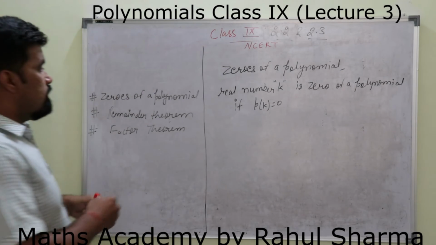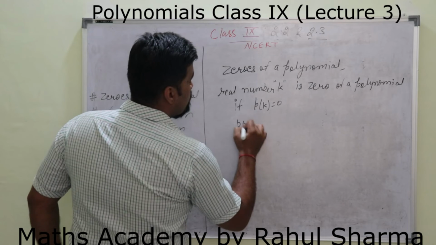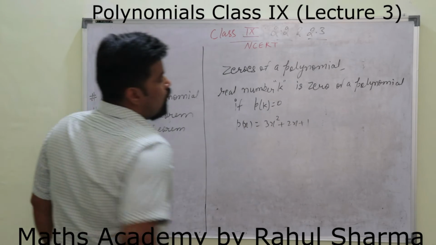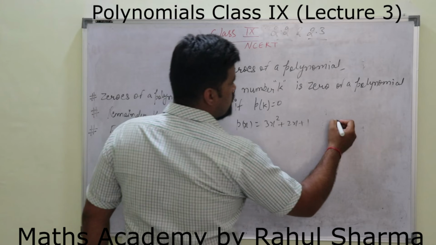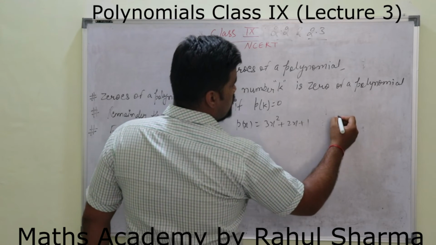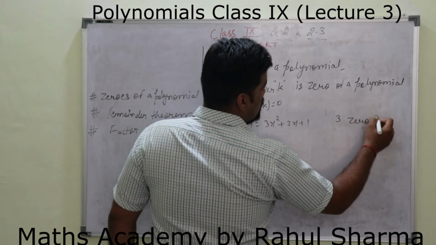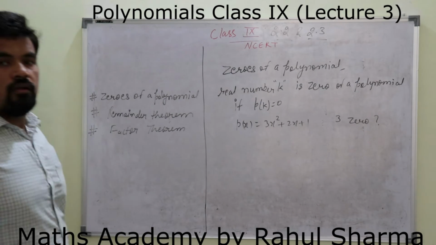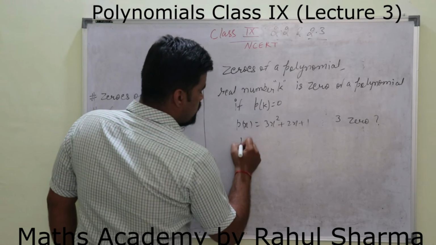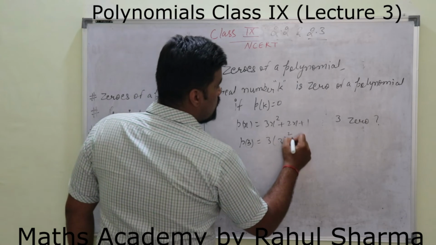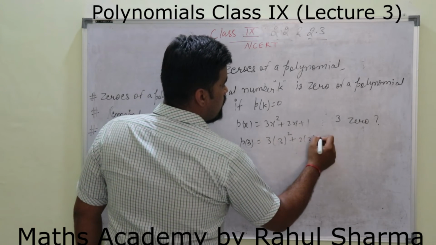Let's take another example. Suppose you are given a polynomial p(x) is equal to 3x square plus 2x plus 1 and asked to check whether 3 is a zero or not. So let's find the value of p(3). So 3 into 3 to the square plus 2 into 3 plus 1.